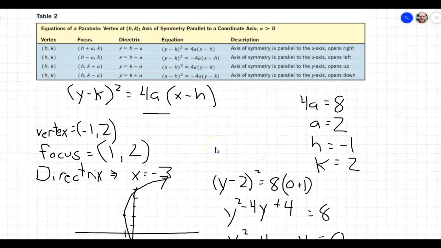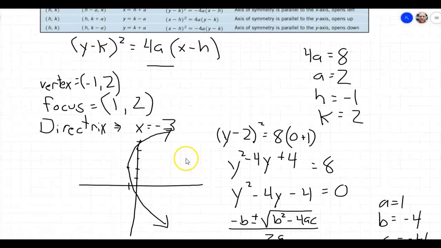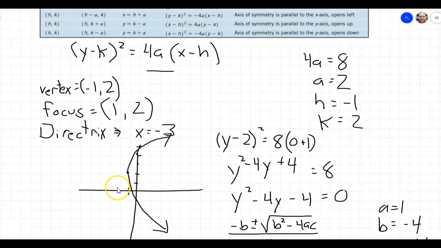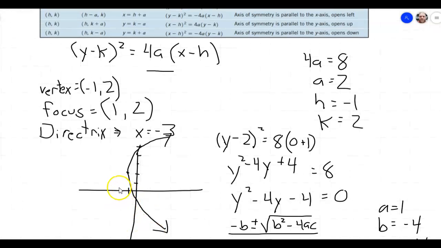And the directrix we said was x is equal to negative 3. So let's go ahead and put that in. That's just a line over here on the outside of the parabola, and then the focus was 1, 2, so it's going to be right here.